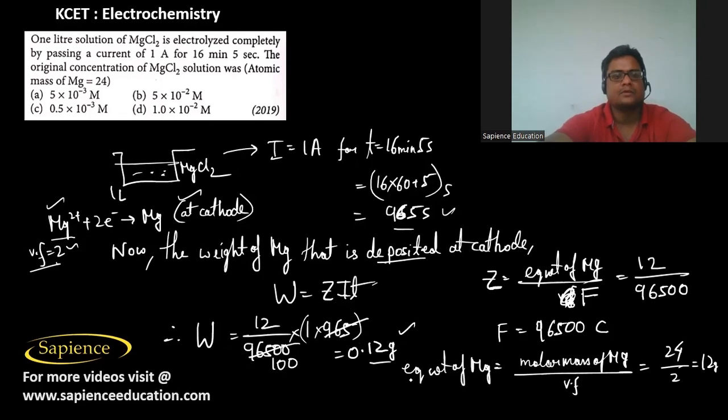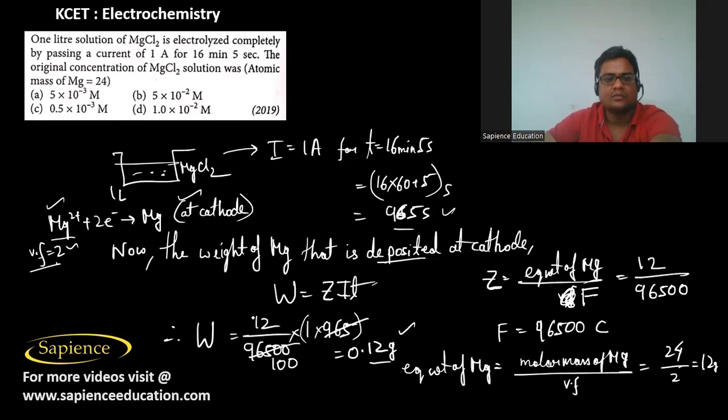So therefore now the original concentration of MgCl2 is equal to, from here we can say that 1 mole of Mg is there in 1 mole of MgCl2. From 1 mole of MgCl2 I will get 1 mole of Mg only.